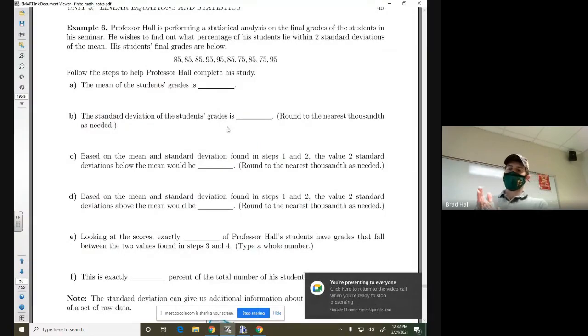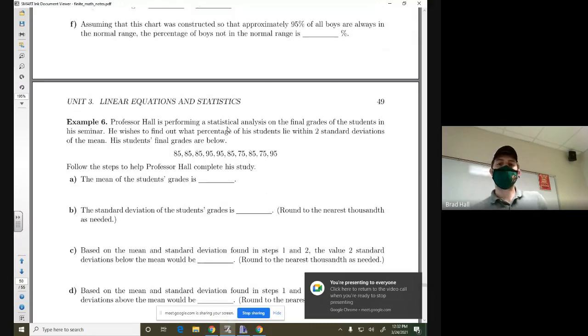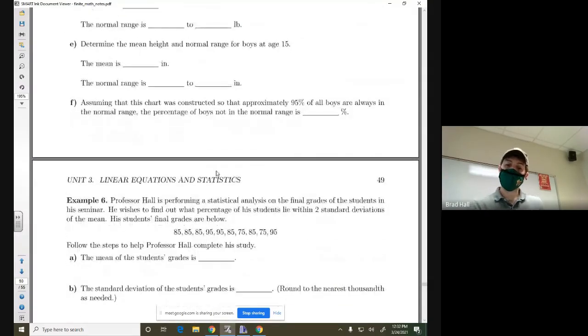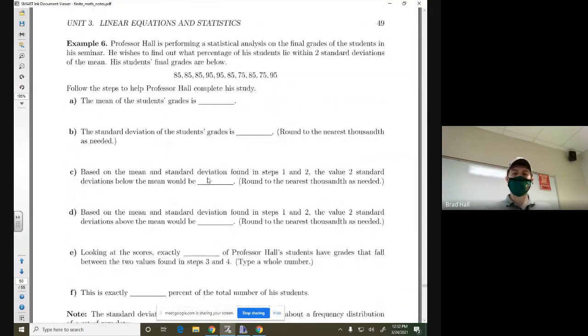So we'll pick up where we left off. We finished example 5 right at the end of class, and so example 6 is still in the theme of talking about not only the measure of central tendency, but this additional idea that we add on called the measure of dispersion. Remember, the measure of central tendency tells you what the center reasonably looks like, either using the mean or the median.